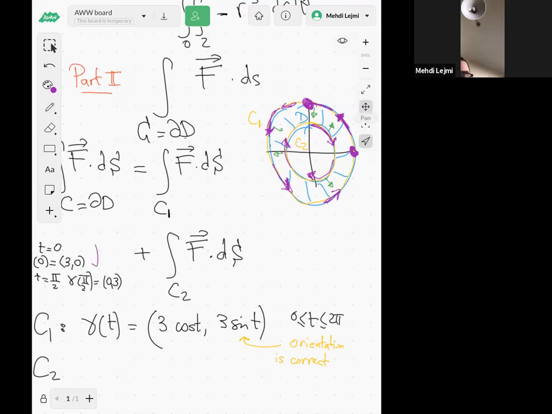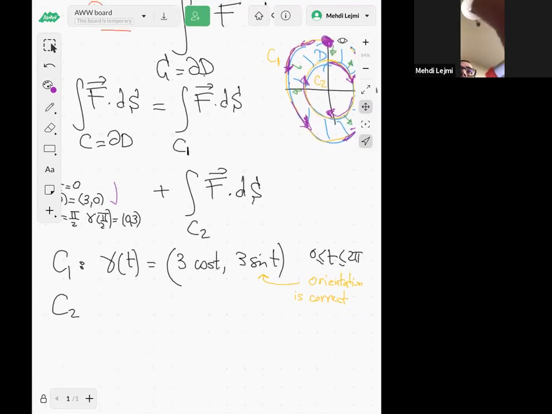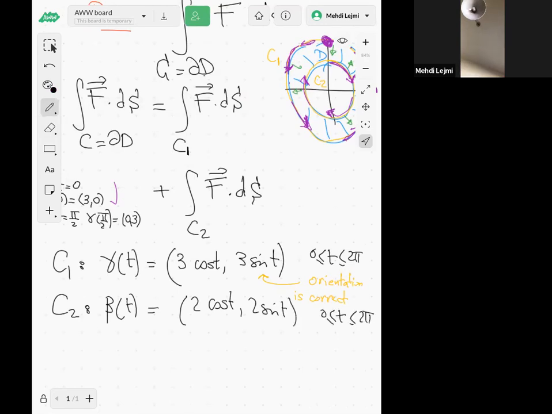Now the inside circle, x squared plus y squared equals 4. Of course, you may say, well, I'm going to just say 2 cosine of t and 2 sine of t, with t between 0 and 2 pi, just a circle of radius 2.